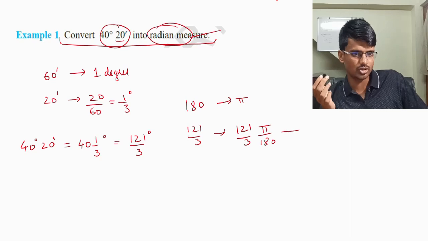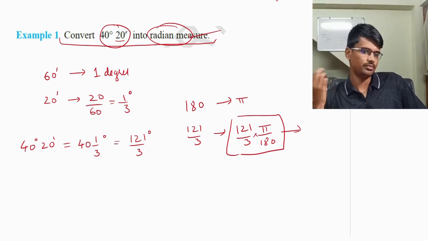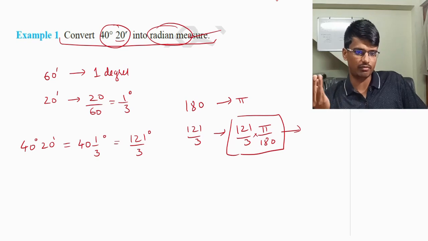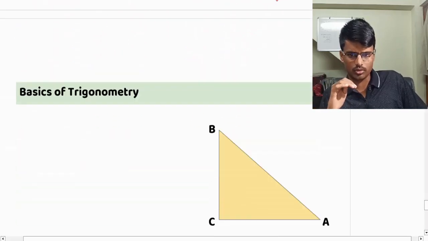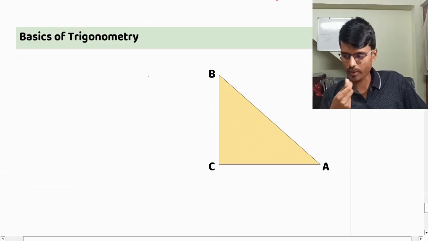Right, on solving this I'll get something that is nothing but my radian measure. You can solve that. Okay, please solve that and find out. Okay, you can put that in the comment section so you guys can cross verify each other. So you just need to solve this and do. Yeah, so that was all about introduction to angles, basic thing.